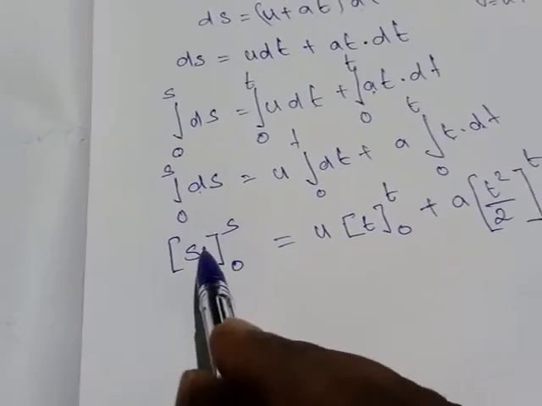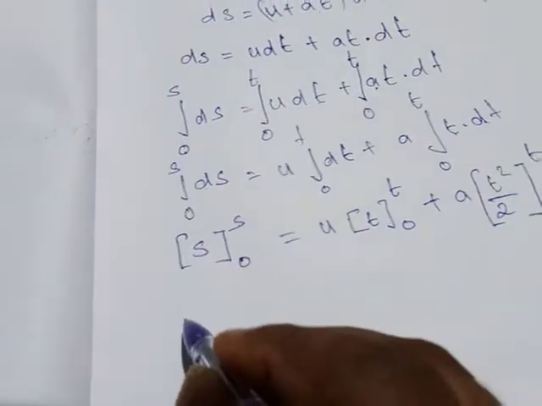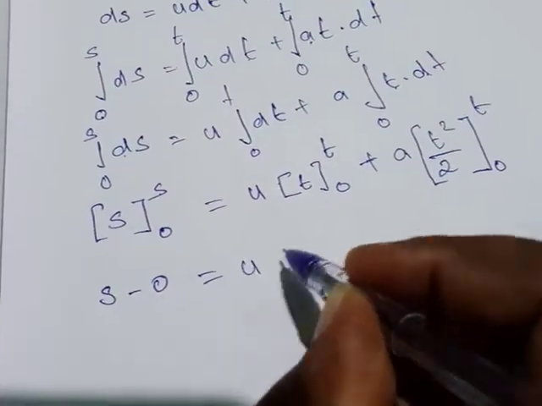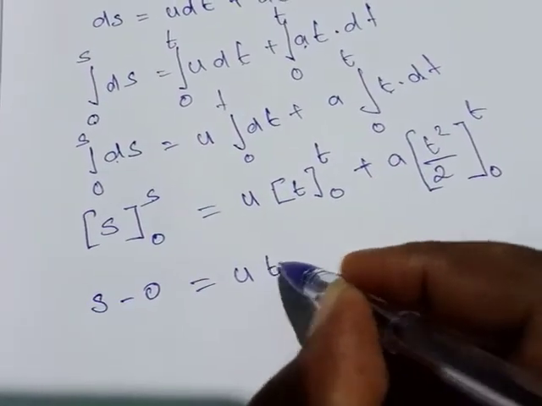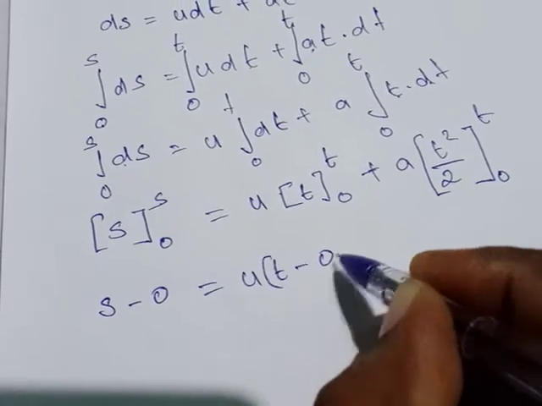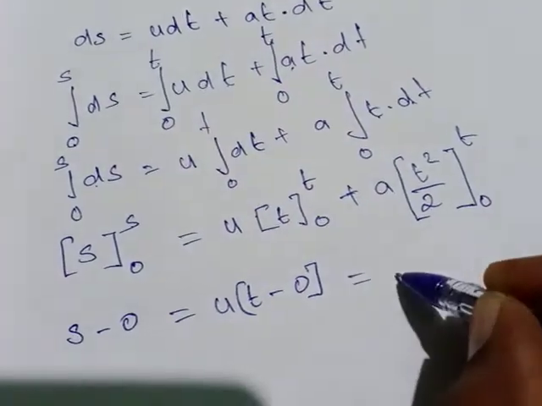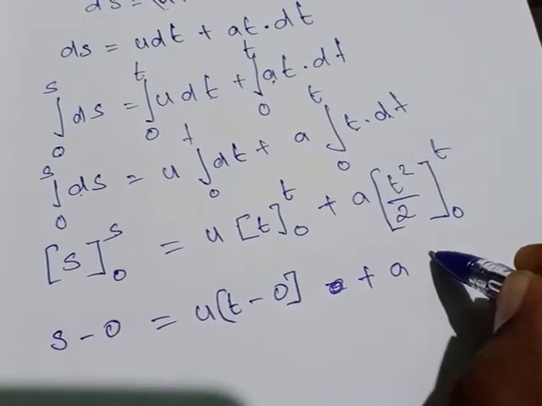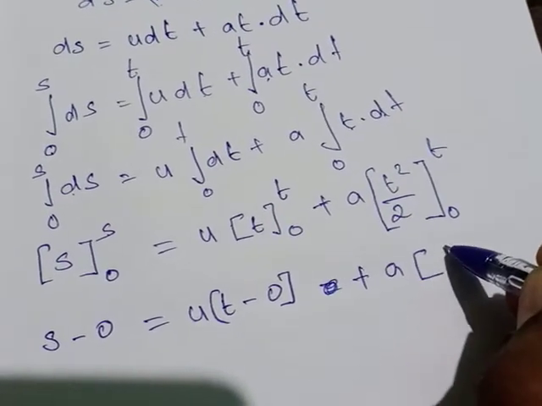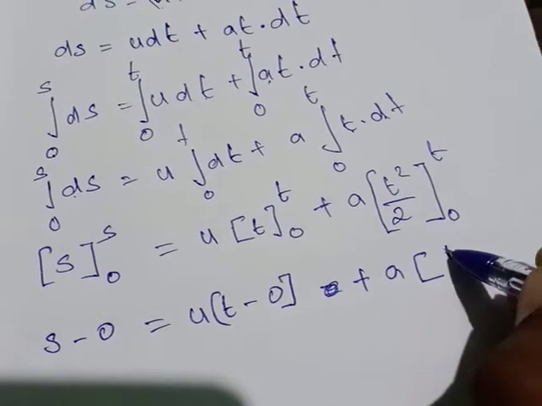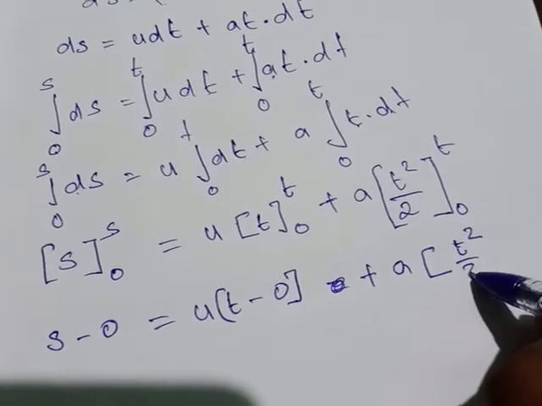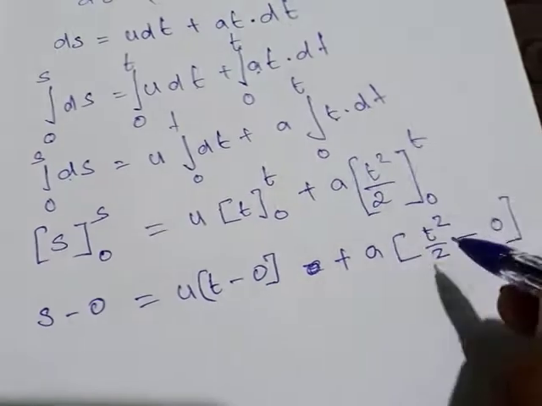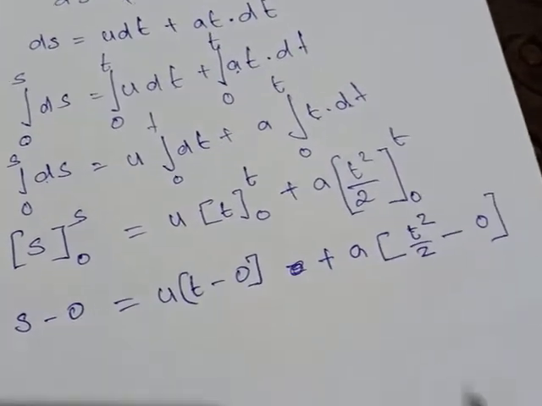Now apply upper limit minus lower limit. Upper limit is s minus 0, equal to u into upper limit t minus 0, plus a into upper limit t, so t square by 2, minus lower limit 0. So 0 by 2 is what? 0 only.